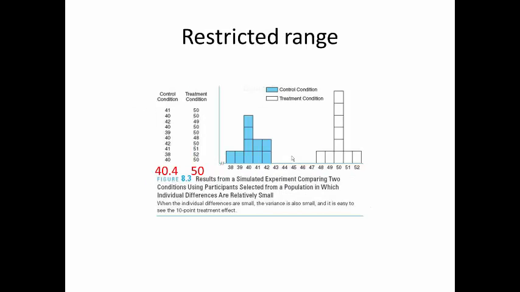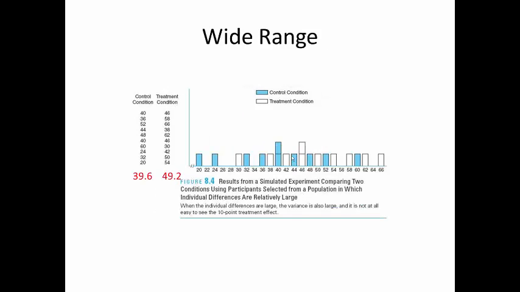But if, like in this case, the groups are homogeneous, they are close to each other, then it's very likely that you see a significant difference. That is how the variance or the range can affect the results of your research.